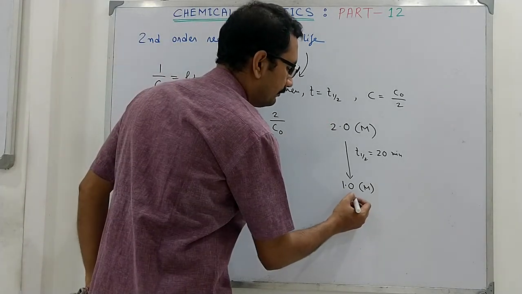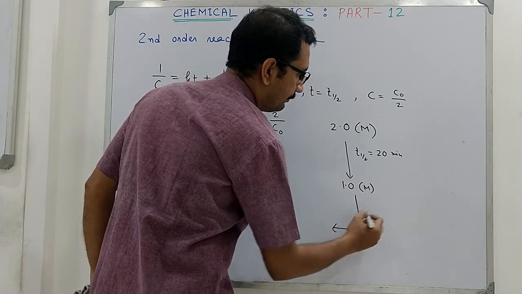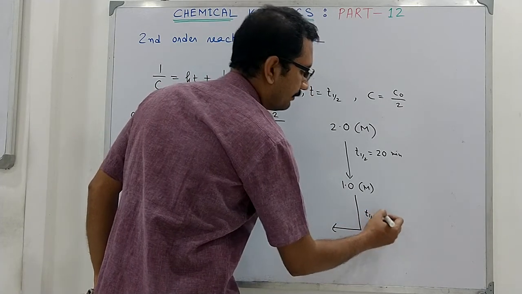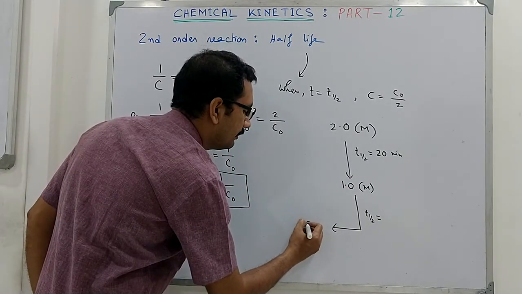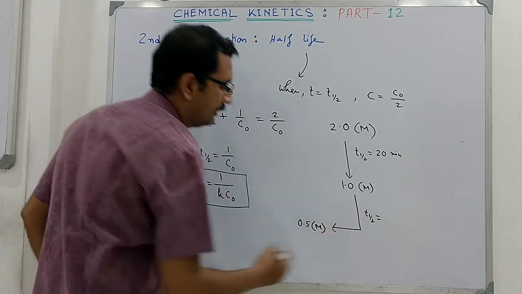Now what will happen when we allow another half-life? After another half-life it will be 0.5 molar.